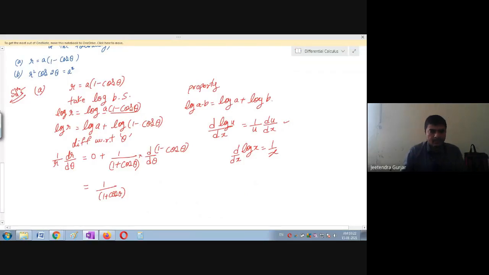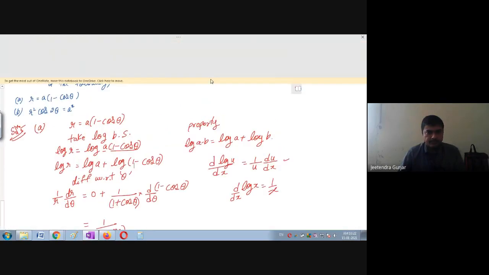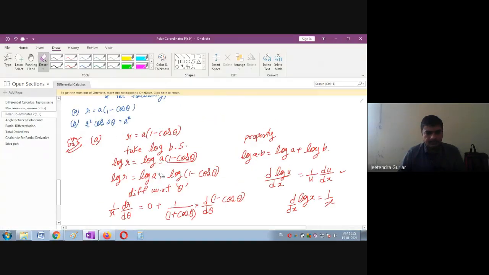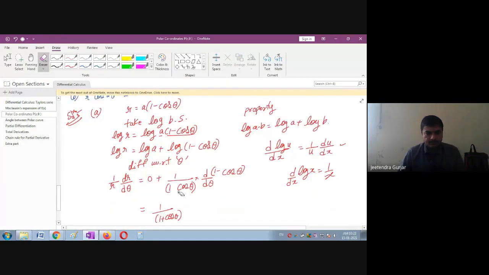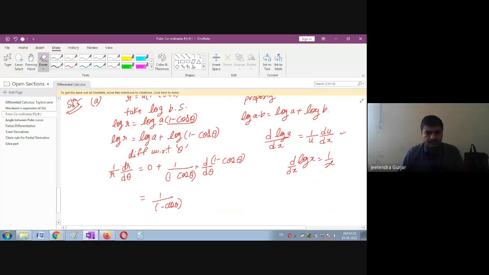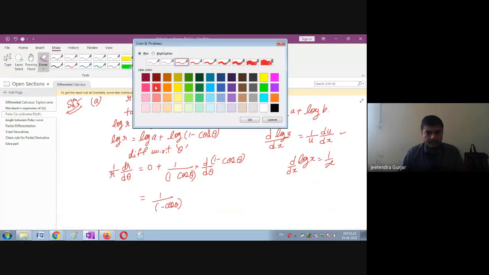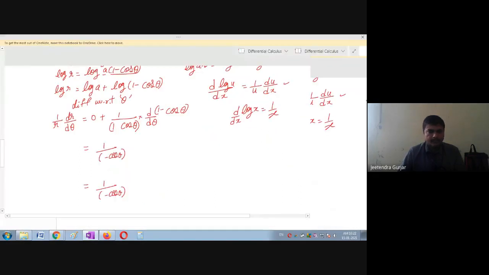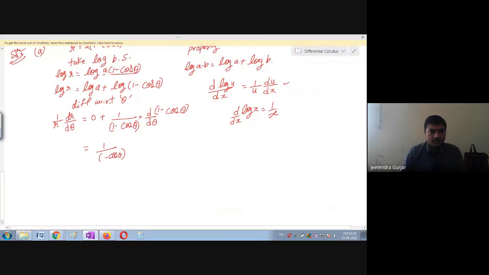You can also try for plus later. So this is just 1 minus cos theta, I have written as it is.